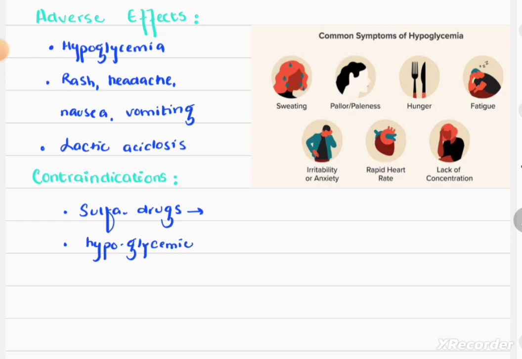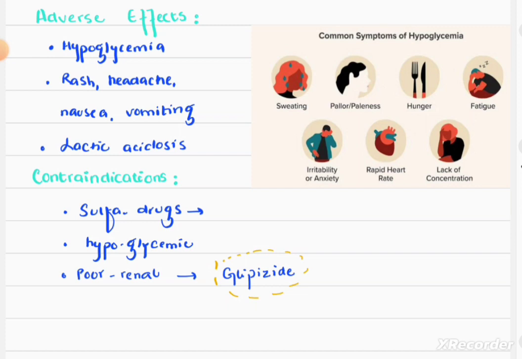Any patient who has poor renal function, we cannot give them glimepiride or glyburide, but glipizide is a better option in these patients because it is not excreted by the renal route. So we can give glipizide very safely in these patients who have renal impairment. So these were the side effects and contraindications of the sulfonylureas.